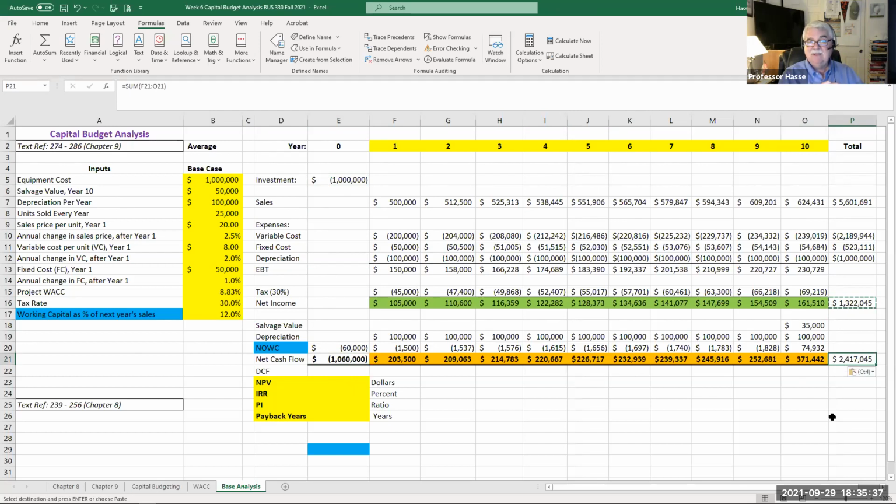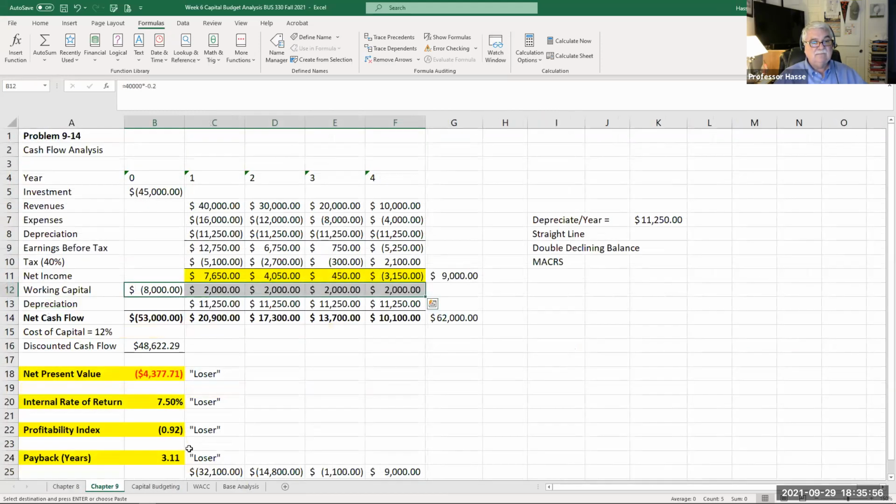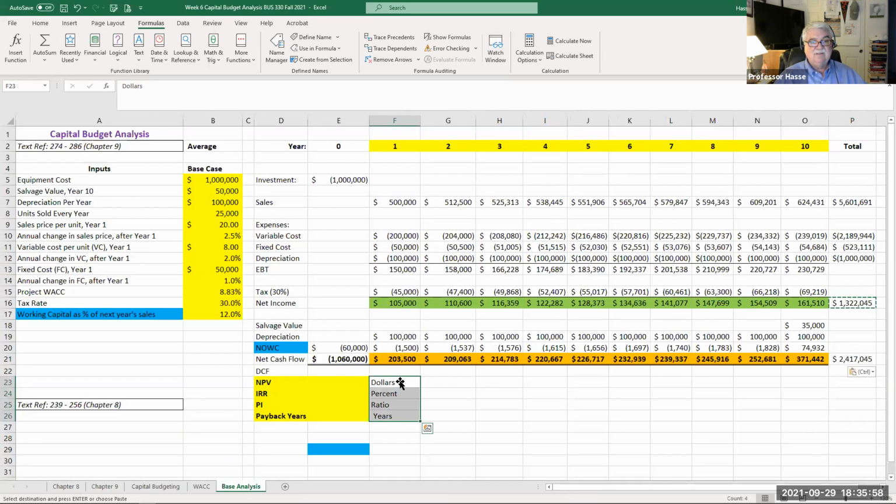So now what we're going to do is show this return in dollars, percent, ratio, and years, just like we did in chapter 8 and chapter 9. We're going to take this cash flow and see that it looks like we're making money, but how does that compare to our investment today of $1,060,000? Let's take a look at that.